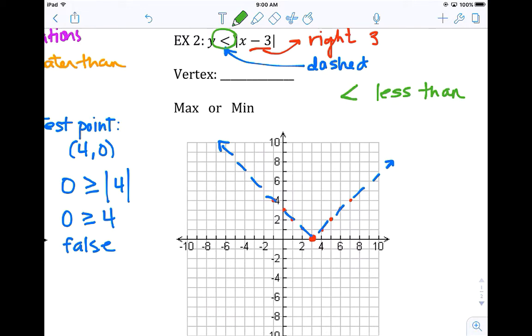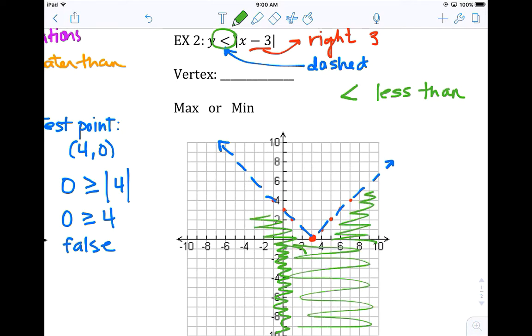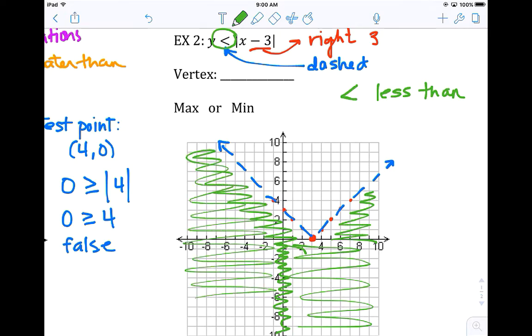Anytime y values are smaller, that means they're going down the y-axis, they're getting more negative. So everything down the y-axis would be right here. So that means we're going to shade everywhere outside of that absolute value V graph this time. This time going down the y-axis was outside the V, so we had to shade everywhere outside that V.